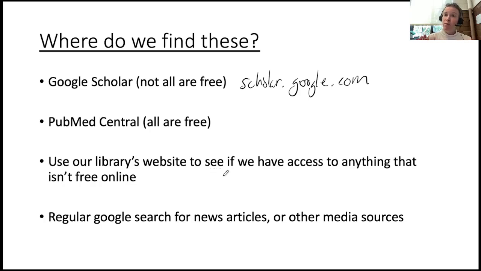Librarians are the best of people. They help you find the information you need, right? And if we don't have access to it through our library's website, you can also do something like an interlibrary loan where our library gets it for you and you can access it for free. Of course, for things like a news article or other media, you can just do a regular Google search or search on your browser of choice.